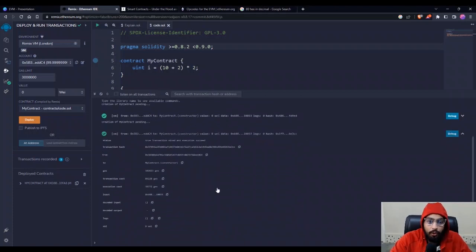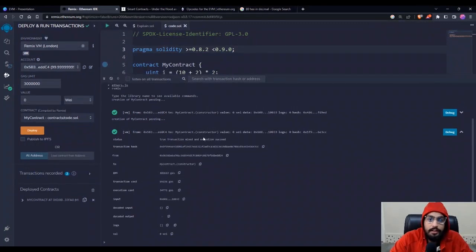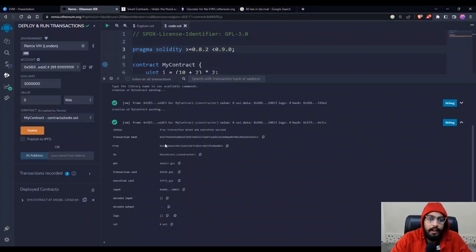So we go here. You can see here, let me just zoom in for you. Yeah, so you can see the status, transaction hash, from, what is the address that we are using, right? Now if you go in the input section, you will see this as input, right? And what is this? This is our bytecode, right?